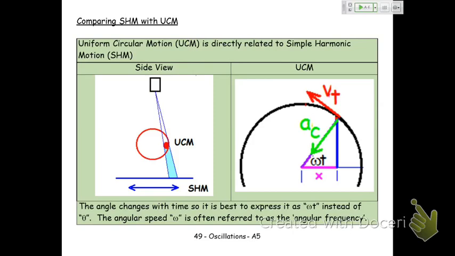What I find is that the horizontal position of my circular motion perfectly matches the position of my simple harmonic oscillator.